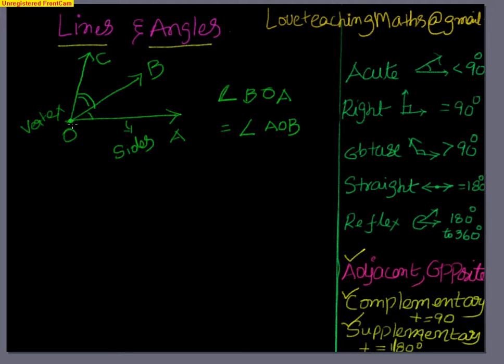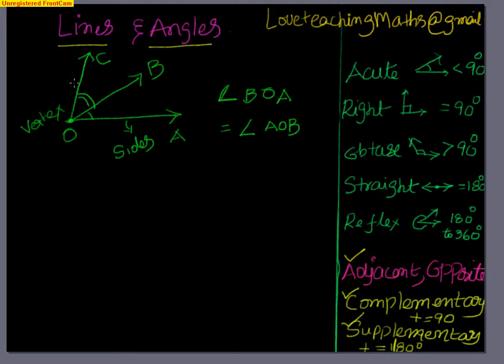Now if I say angle O, I am not specifying between which rays I am calculating the angle. It can be between CB or BA or between AC. That's why we follow the notation of the vertex in the middle and the rays on the left and right side. So it's COB or BOC.